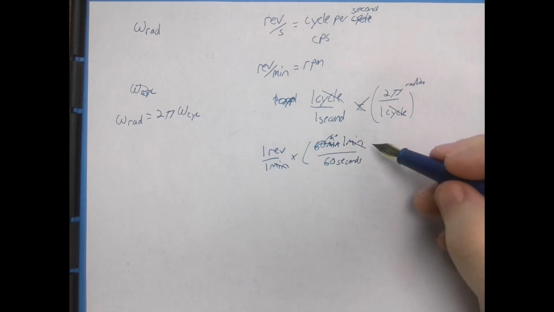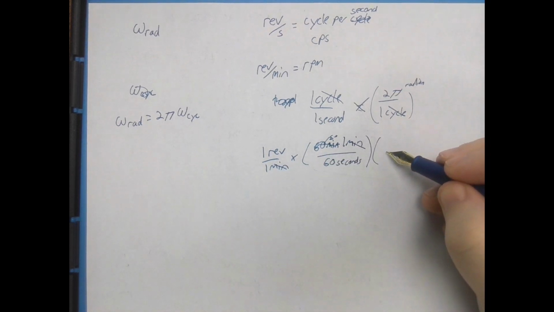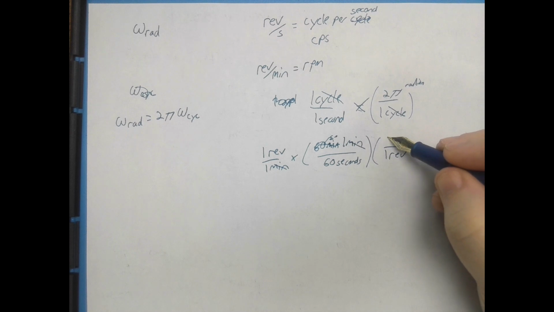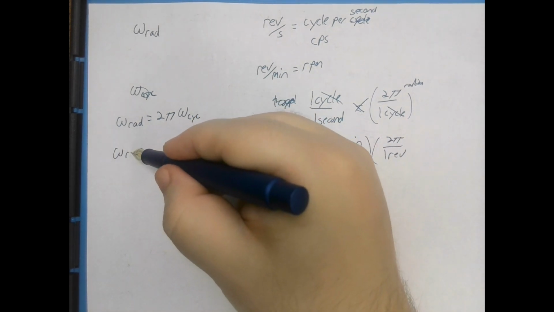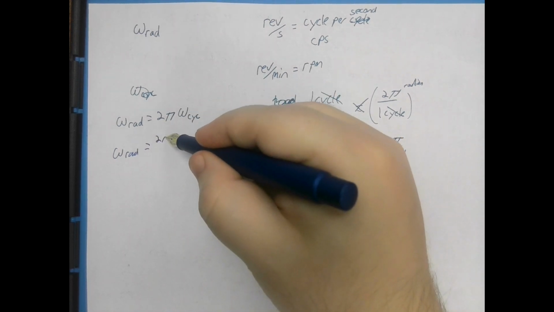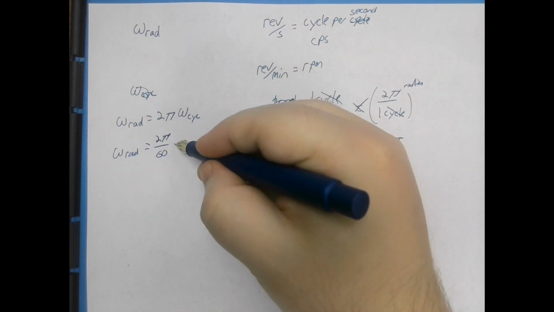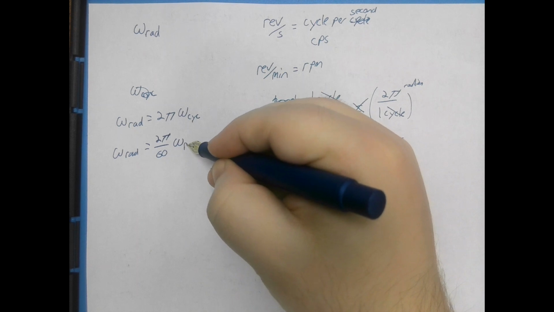Minutes cancel out. Then you do 1 rev is equal to 2 pi. And so basically, omega in radians is equal to 2 pi over 60 times omega in RPMs.